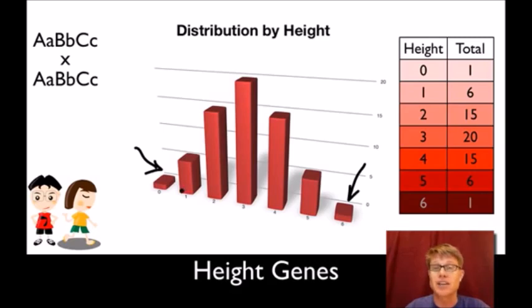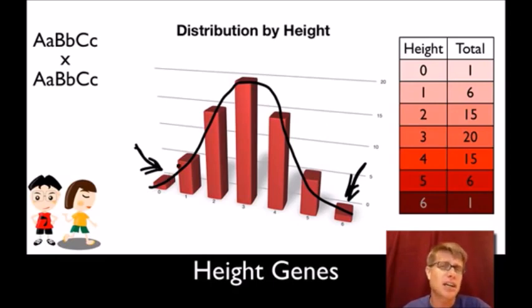It's really hard to find a size 11 on the sale rack, because I'm really average, and so the shoe company makes a lot of them. It may be really hard to find shoes at the other end as well. But if we ever see this bell-shaped curve, which could be anything, height, eye color, skin color, intelligence, it means that it's not caused by one gene, it's caused by polygenic inheritance.